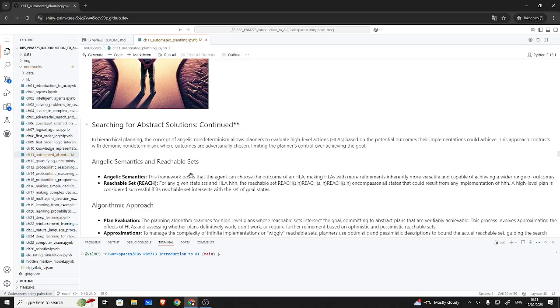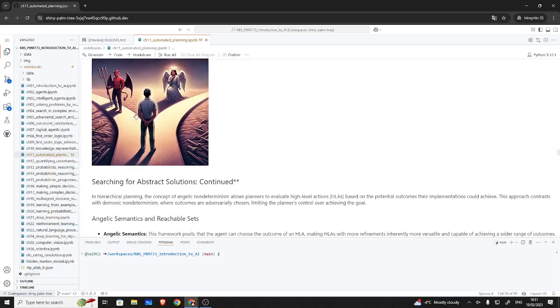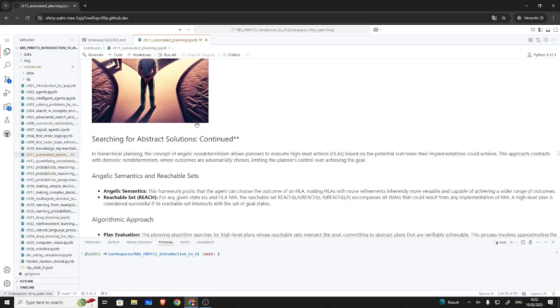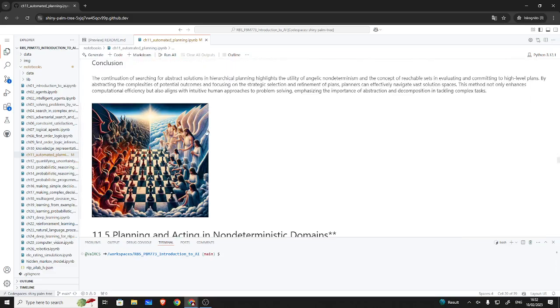This is demonic non-determinism, where the bad guy makes a choice for you. Angelic is where you get to make choices. Demonic means the other player; he's the devil, and you are the angel in this case, making choices. Angels versus demons, a very interesting picture here.